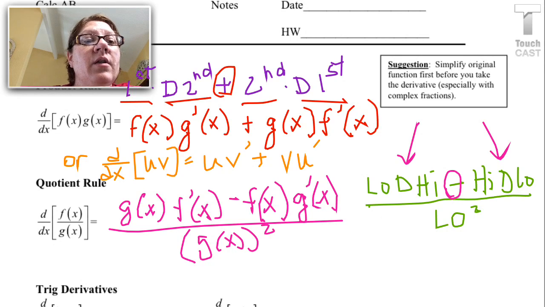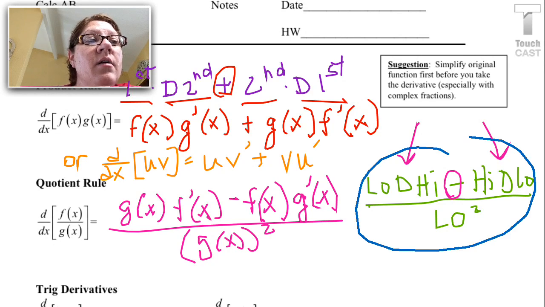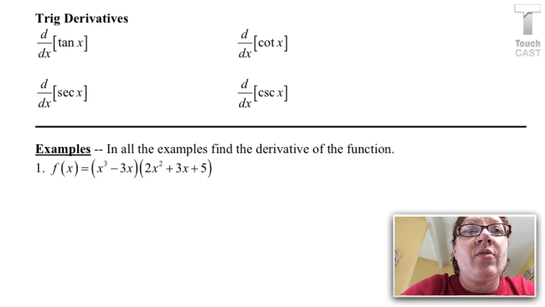So again, low-D high, minus high-D low, all over low squared. Low, high comes first.